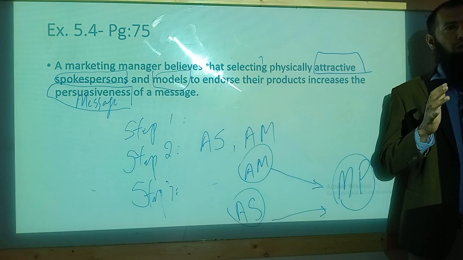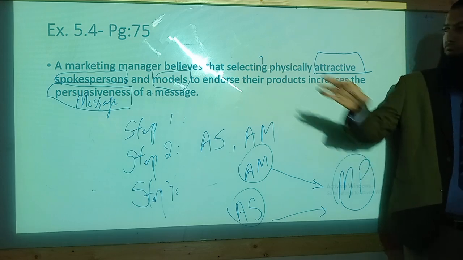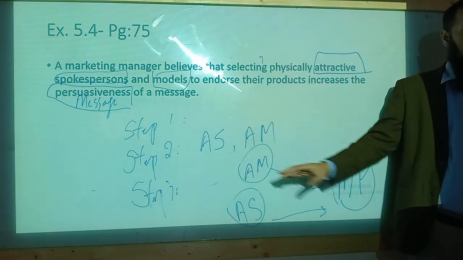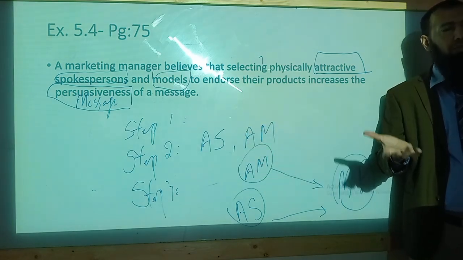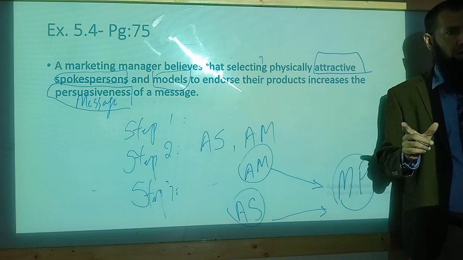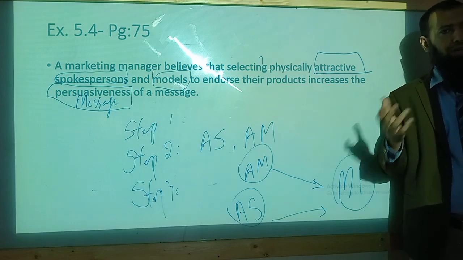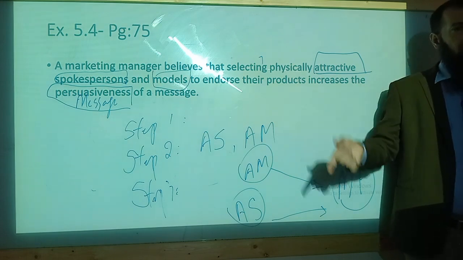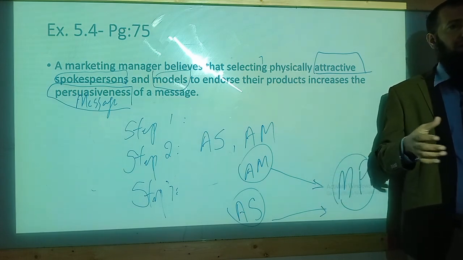So whenever you come across any scenario, you have to go step by step, step 1, step 2, step 3. That's what we have learned. And we learned what the variables are. Variables are not nouns. They are the actions, characteristics. This is what we have learned. Then we moved ahead and learned the independent variable.